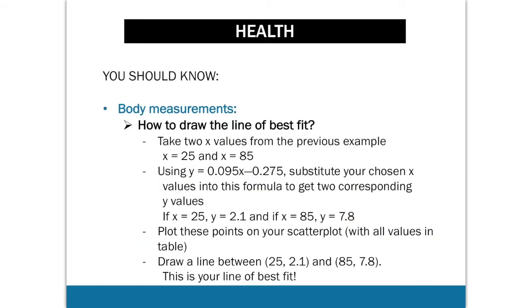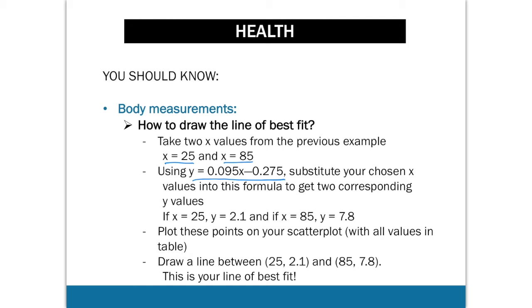Okay, so how do we draw this line of best fit? What you do is you take two values from the previous example. So let's take x equals 25 and x equals 85. Using y equals 0.095x minus 0.275, you substitute your two chosen values.